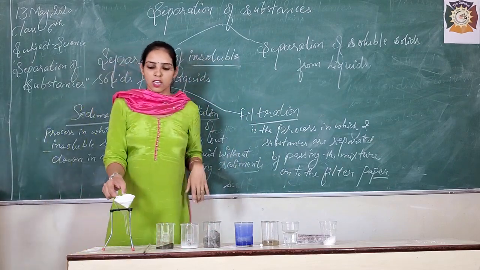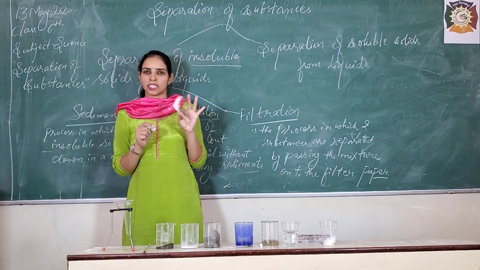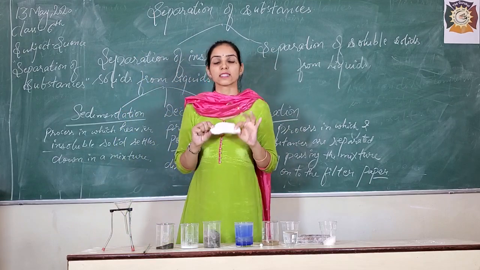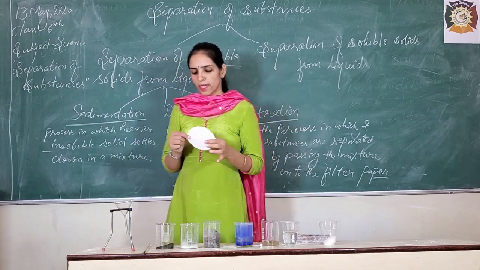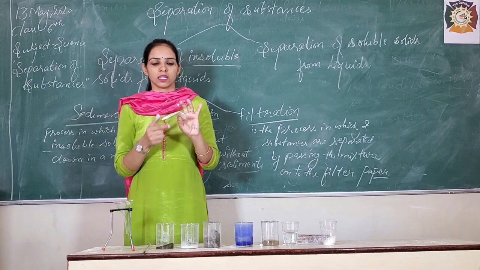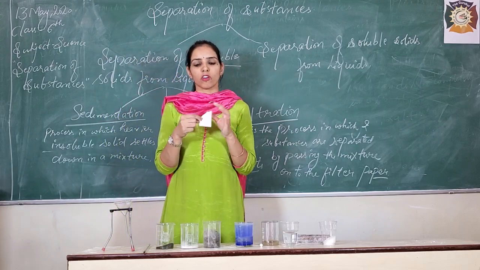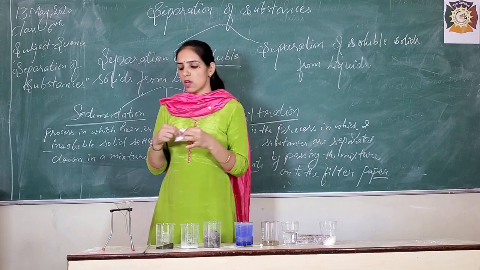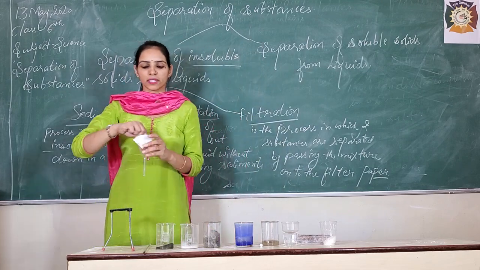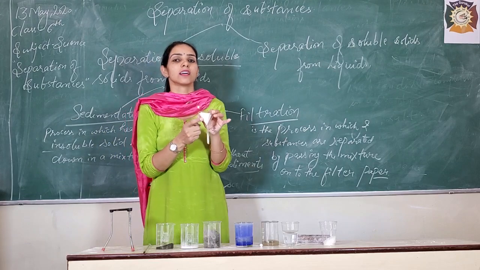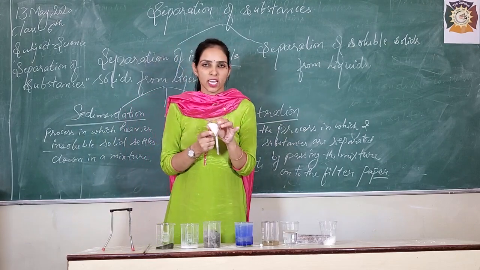For example, we have this filter paper. We fold it in a semicircle, then fold it one more time, and this part we keep above this funnel. Students, this is a funnel.